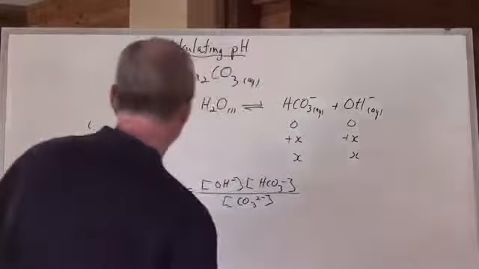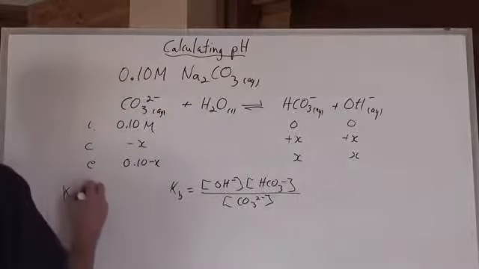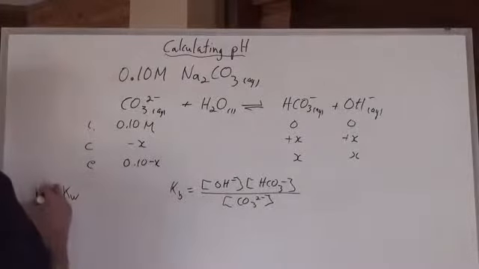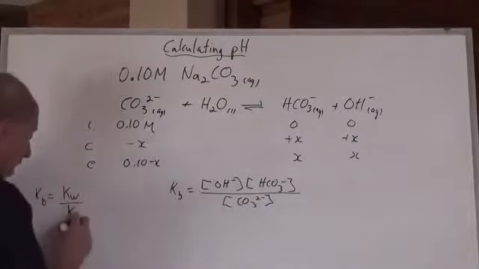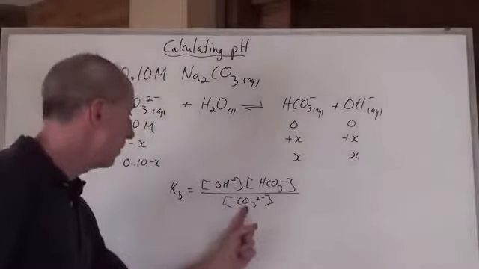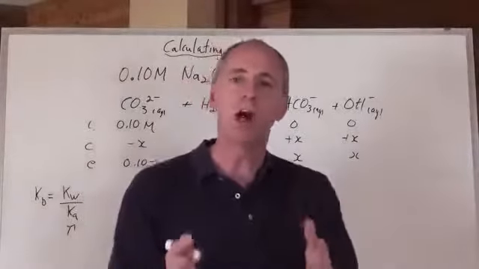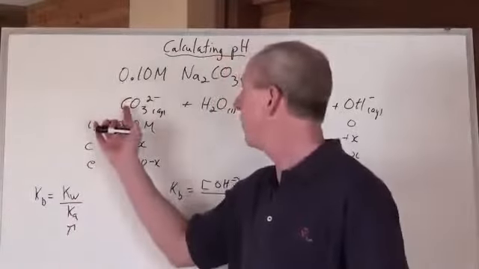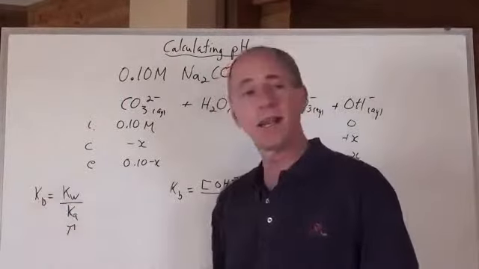The relationship is this: the Kb equals the Kw over the Ka of the conjugate acid of that weak base. If somebody gives you the Ka for bicarbonate and asks what the Kb is for this, you divide that Ka into the Kw to get the Kb.